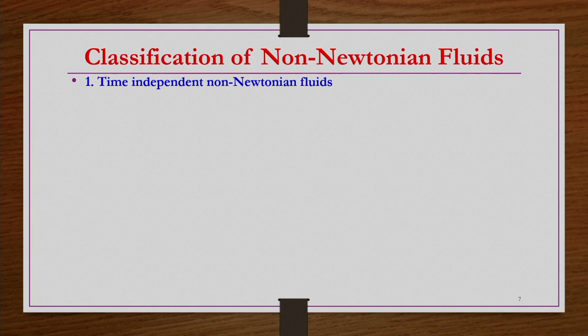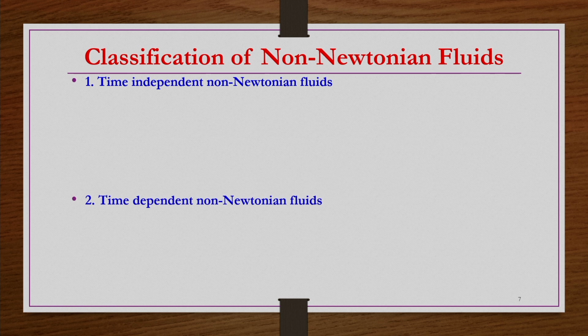So, we talk about the shear rate dependent, time independent non-Newtonian fluids. For these materials, the apparent viscosity is a function of shear rate, but not a function of the duration of shearing. That is a time independent non-Newtonian fluid. Then there are time dependent non-Newtonian fluids.